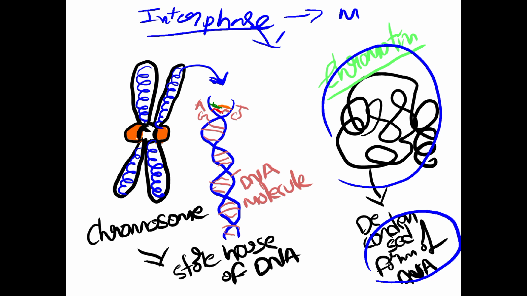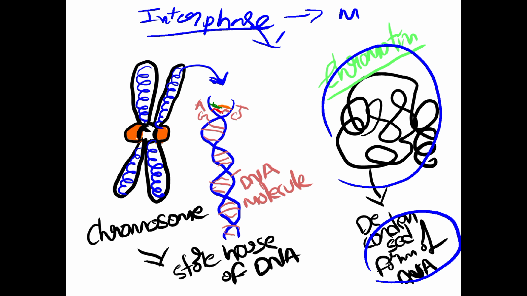During the interphase, if you observe the nucleus through the electron microscope, we see a decondensed, thread-like structure, which is called chromatin.